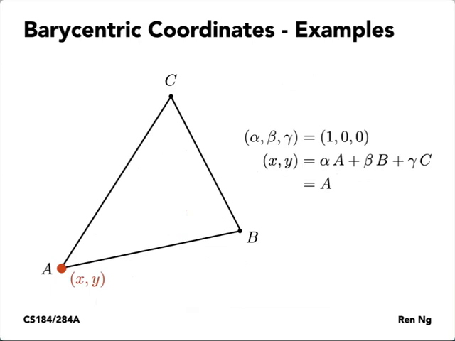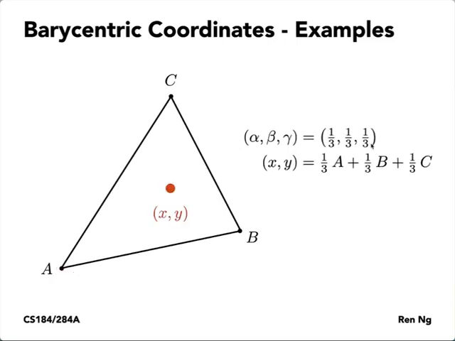It's going to be alpha times A plus beta times B plus gamma times C, which is just 1 times A plus 0 times the others, which is just going to be A, which is kind of what we want. If you're at the A corner, we'd want it to be just the value that's been specified at that location. So we have that property. Similarly for B and C: at B, alpha, beta, gamma would be 0, 1, 0. At C, alpha, beta, gamma would be 0, 0, 1.